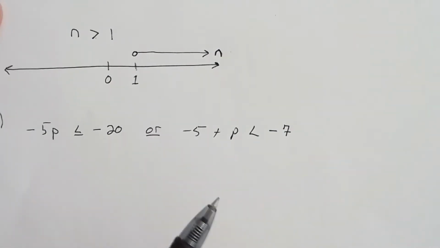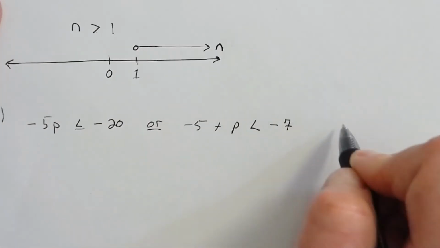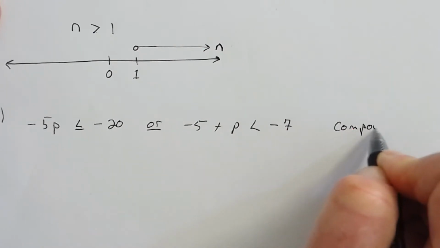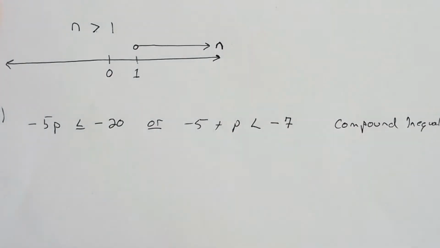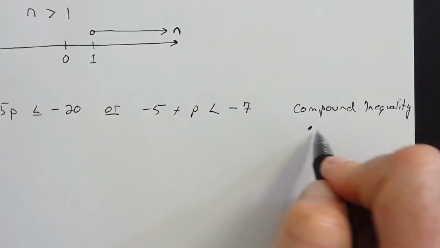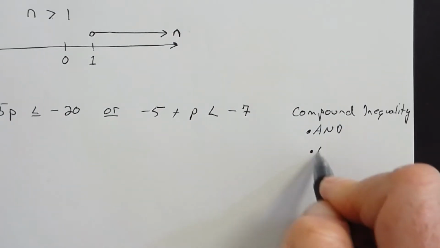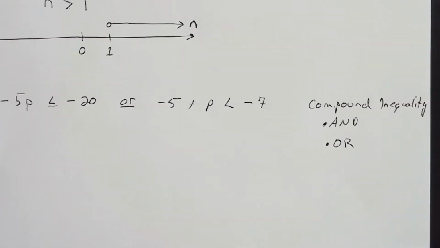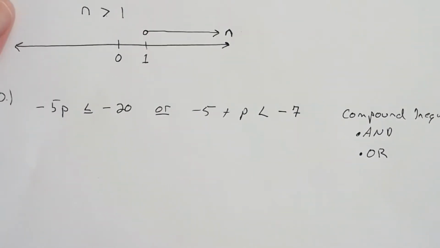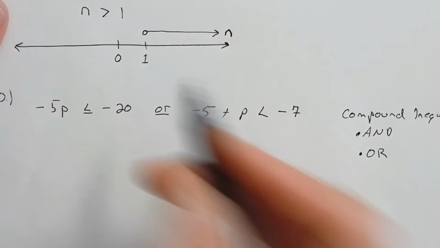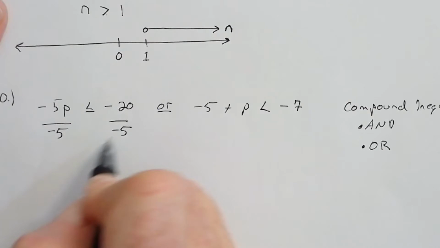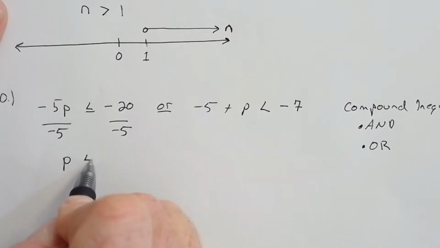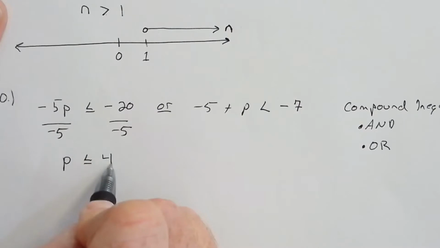So this is a compound inequality. On this one we can just directly divide by -5, divide by -5, and then we have P is less than or equal to 4.